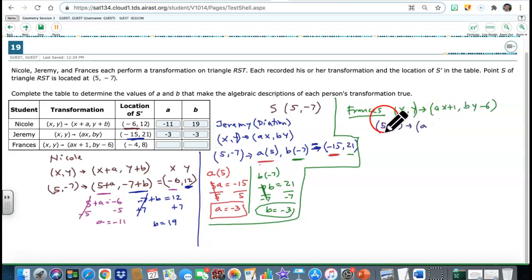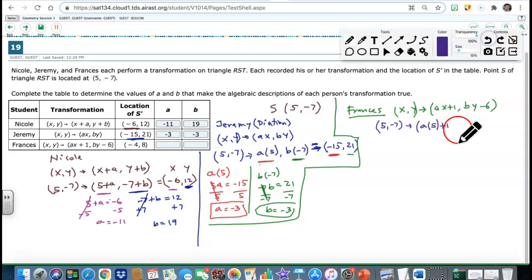Instead of the x, I write the x value, which is my 5, plus 1. Comma, by. But the y is negative 7. Minus 6. And now I have the big parenthesis at the end.